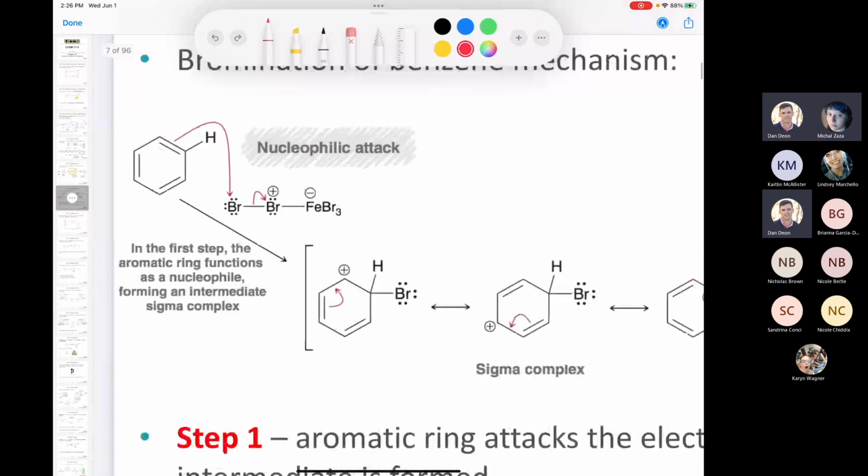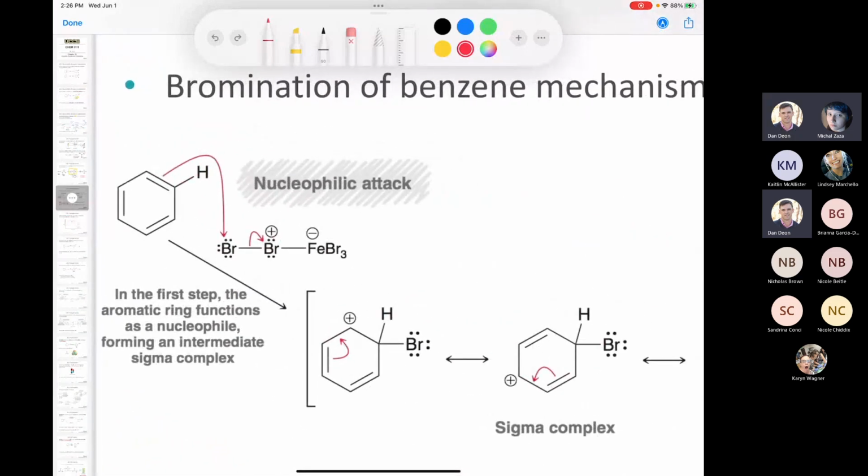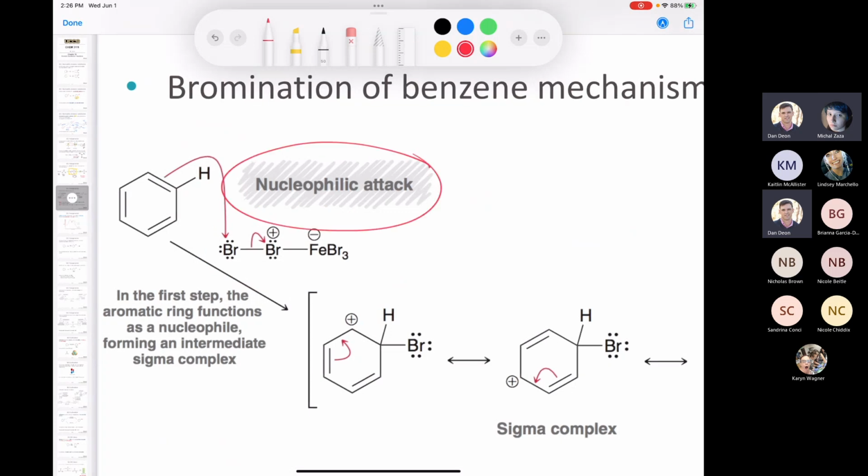So here's our mechanism of electrophilic aromatic substitution. Here's our complex between the Lewis acid and the Lewis base. Our aromatic ring acts as a nucleophile. We've seen many nucleophilic attacks, but we've never seen an aromatic ring act like a nucleophile. Well, today's a new day, so something new.